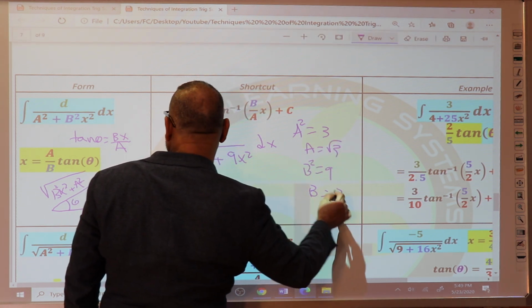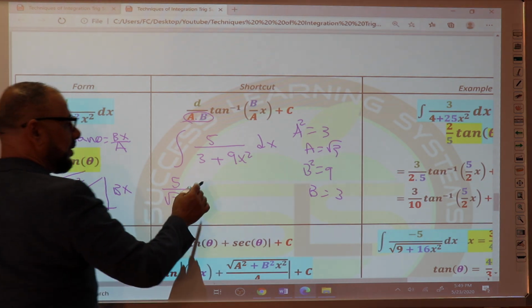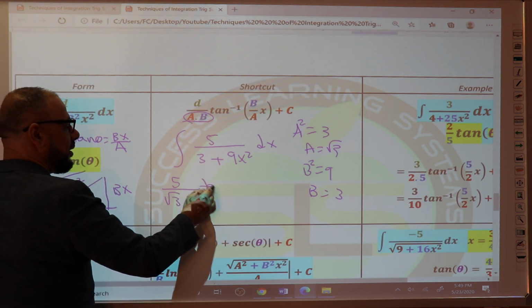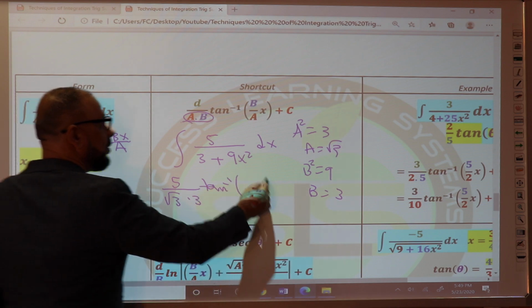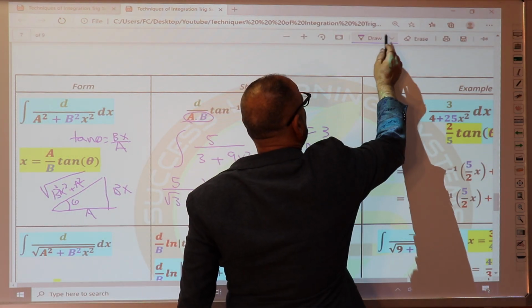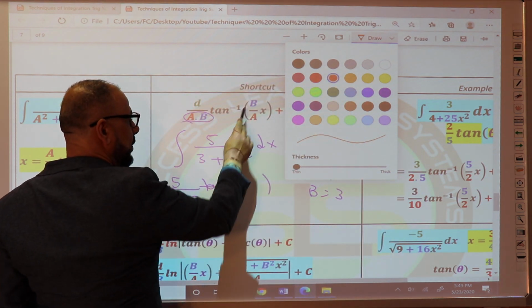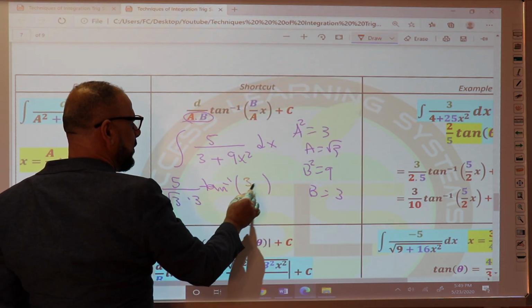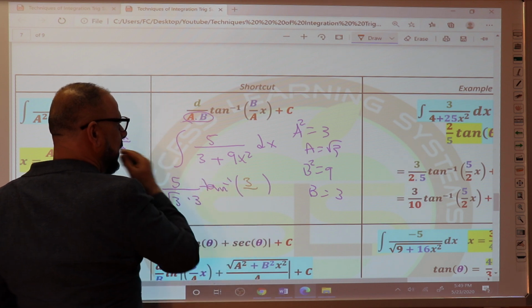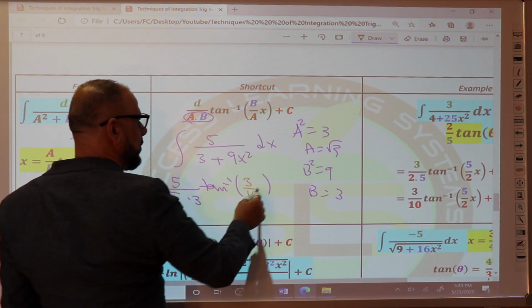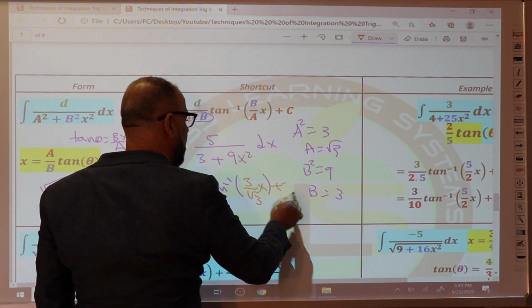B equals 3. Right? B is 3. Tan inverse of b over a, 3 over a is square root 3. Okay, tan inverse 3 plus x plus c.